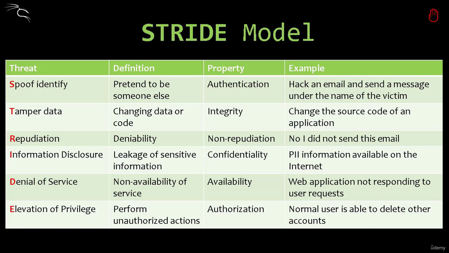Encryption and access control lists can be implemented to protect against information leakage. Permissions, access controls, quotas, and some filtering techniques can be employed to protect against denial of service, and to protect against elevation of privilege, we can implement the techniques of input validation and access controls.